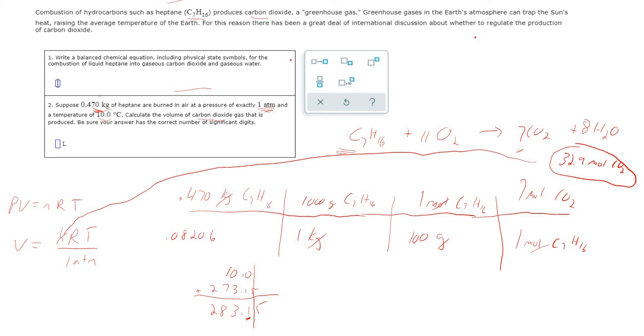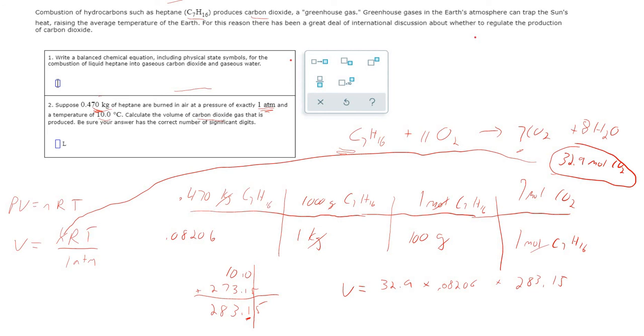All right, so let's just substitute things in. Volume equals the number of moles, which is 32.9, times R, which is 0.08206, times the temperature in kelvins, 283.15.